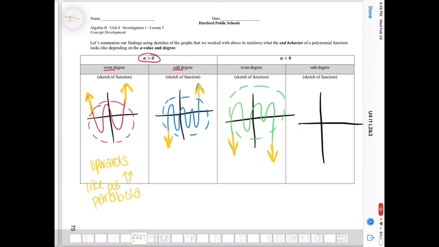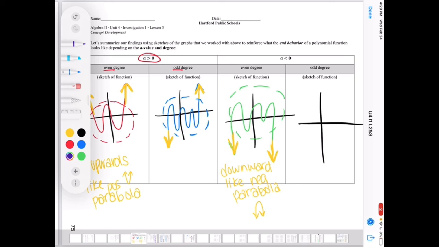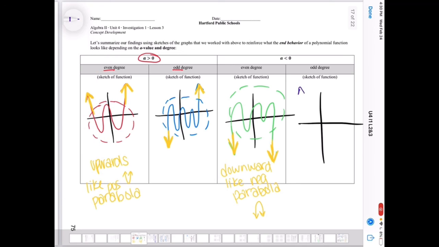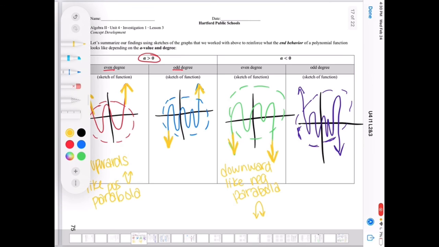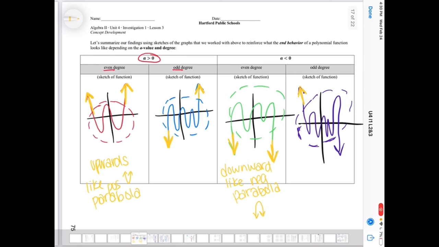If we had an odd degree when a was less than 0, we're going to get something along the lines of this. And again, the middle part might vary, but we're focusing on the end part, so it's going upward here and downward here.